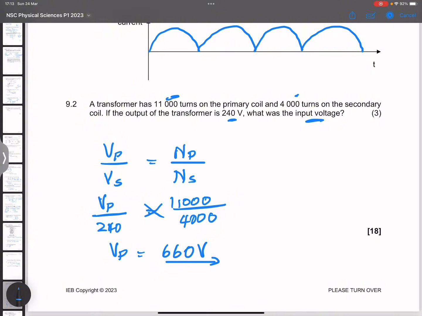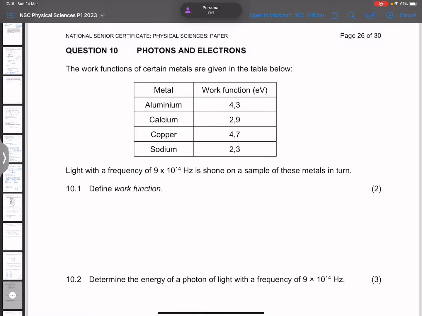All right, and so we come to the end of question 9, and now we are going to get ourselves involved in question 10. Let's get ready for question 10, and that's the last one. It says the work function of certain metals are given in the table below.